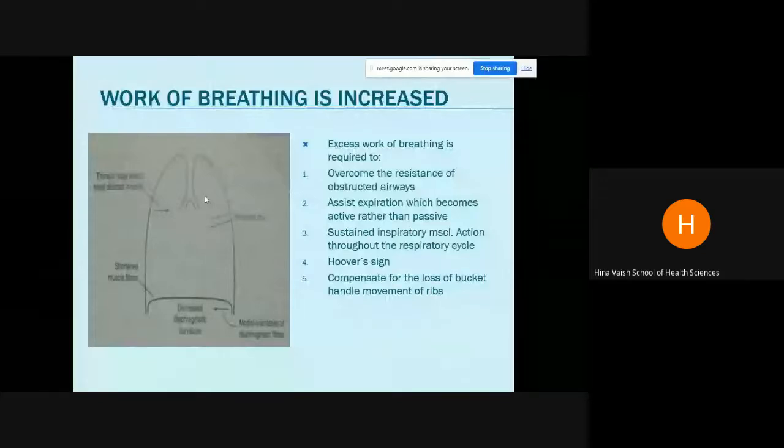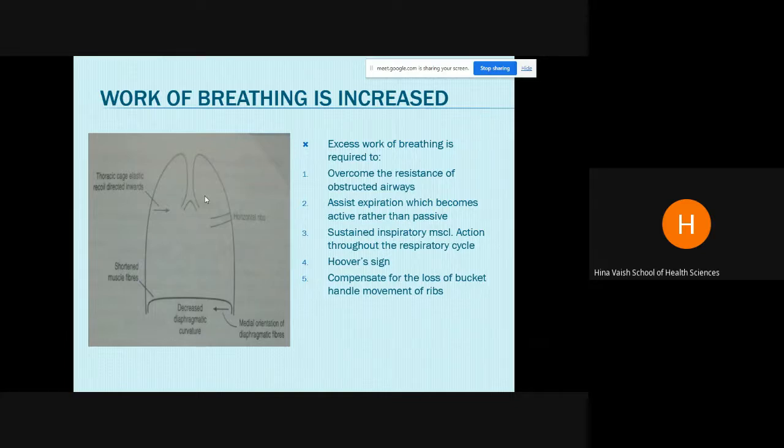So again, the work of breathing increases in these patients. Then the inspiratory muscle action: they gasp for air. They will open their mouth and show air hunger. So sustained inspiratory muscle action throughout the respiratory cycle again increases the work of breathing.